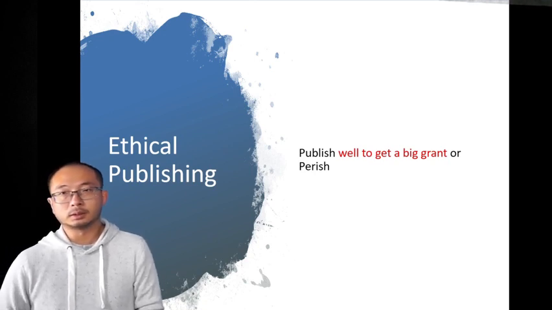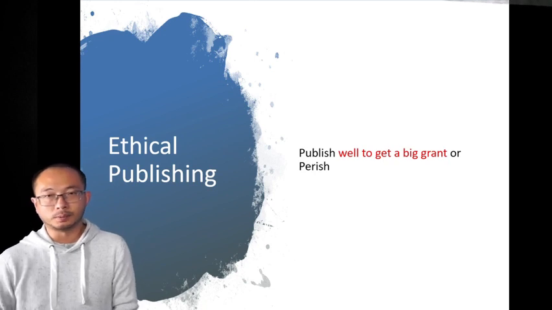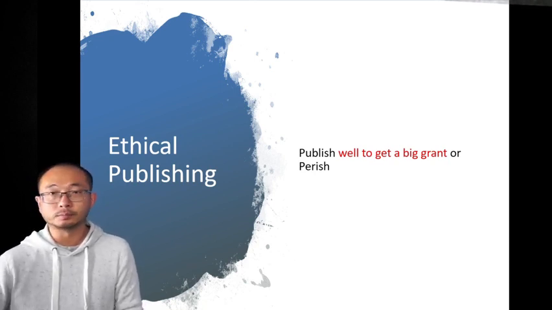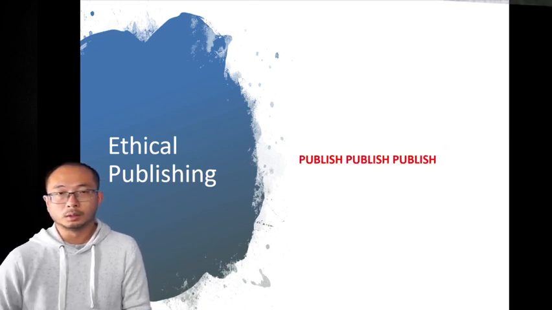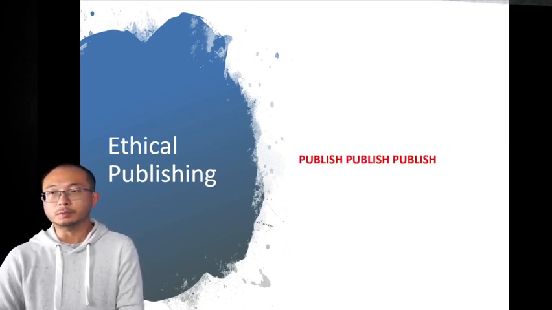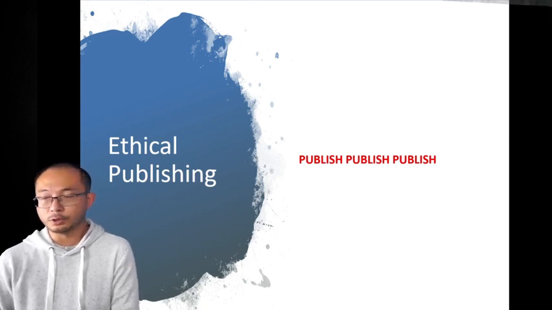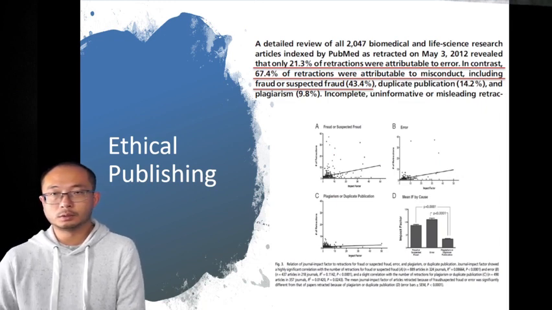And then came funding crunches all around the world in academia. So we had to publish well in order to get a big grant, or we'd still perish. In other words, we have to keep publishing. So there's this pressure to publish that leads to mistakes.